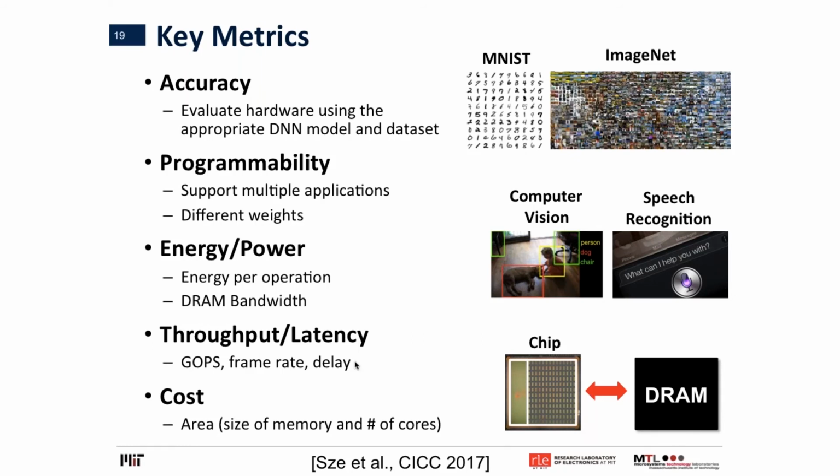Obviously, if we have a higher cost system, we could potentially be more efficient and achieve higher throughput. But what you want to effectively do is have an efficient trade-off between all these different metrics. You don't necessarily want a very expensive chip for higher throughput. Ideally, you would want a low-cost solution that still delivers high throughput and high energy efficiency.